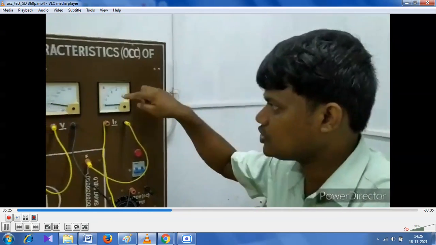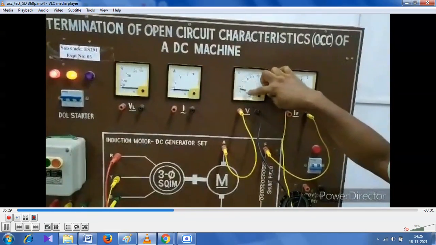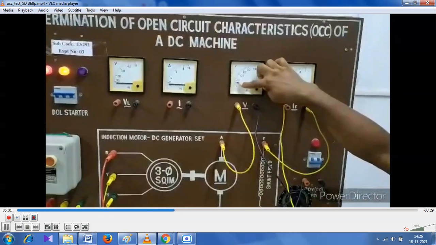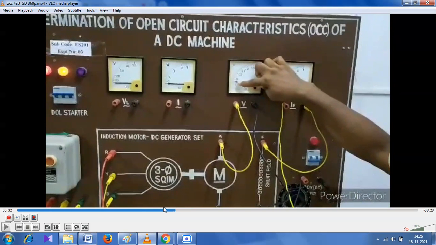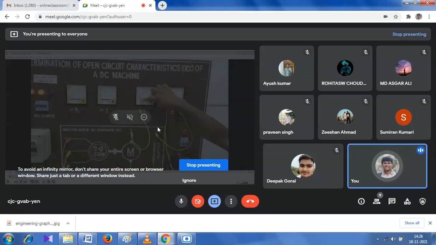Though there is no field current, we got a reading of voltage. Tell me, what is the reason behind it?